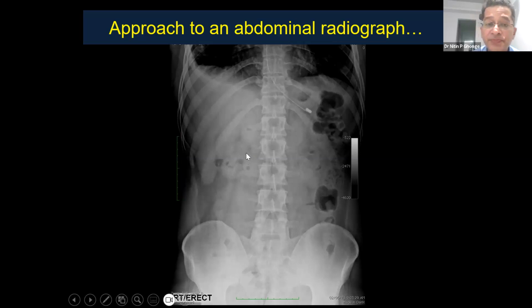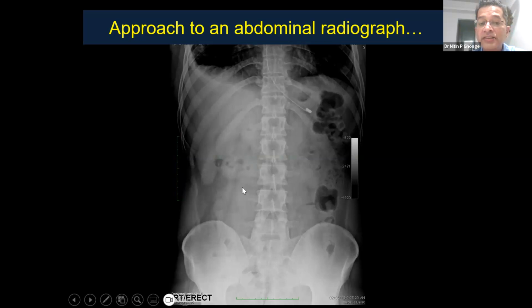So this can happen, and then always look for the abnormal. Radiograph is all about density, so you need to be looking for hyper bright areas or opaque areas or lucent areas. If there is any lucent area, then it can be fat or air. If it is a hyper or bright area, then it can be because of a stone or any abnormal opacity. So look at the kidneys on both sides, and then look at the ureter.